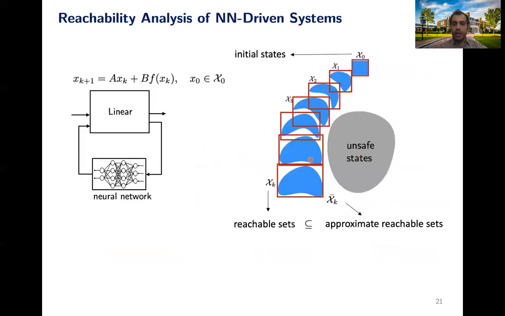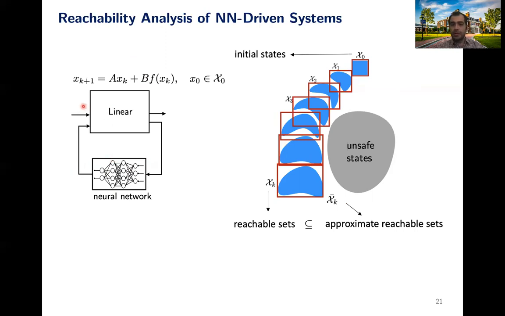So after analyzing neural networks and performing reachability analysis, we can consider reachability analysis of closed-loop systems, in particular an LTI system in feedback interconnection with a neural network.